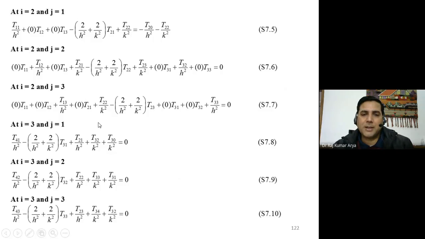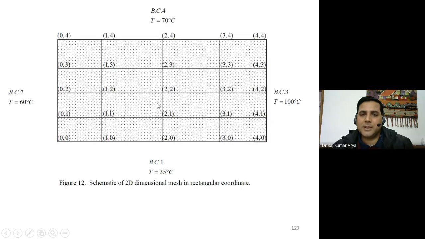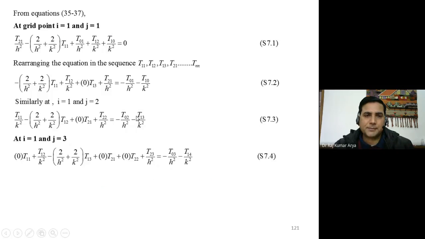So what are your nine variables? T11, T21, T31, then T12, T22, T32, then you have T13, T23, and T33. You can write all of them one by one. If you are interested this way, you can write T11, T12, T13 that way. Choice is yours, but for all nine elements, just fix a pattern for how you want to arrange them. The rest of the things will be taken automatically.